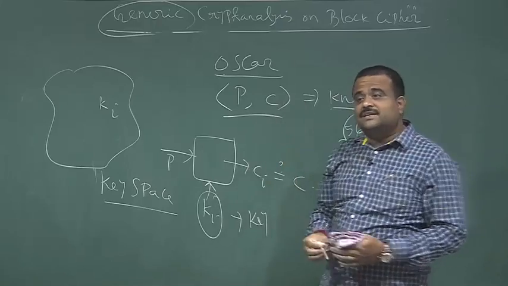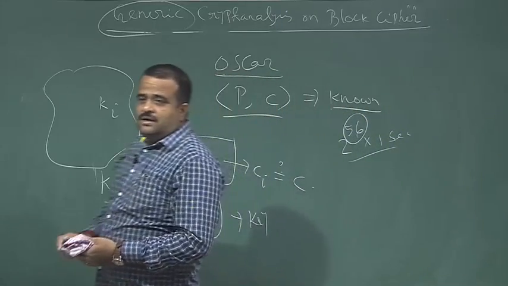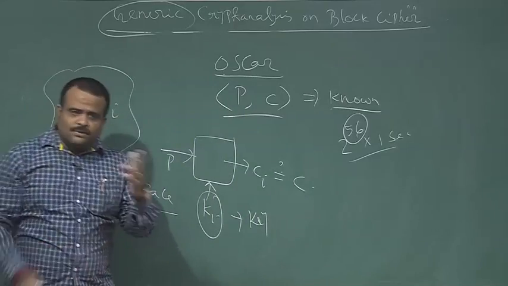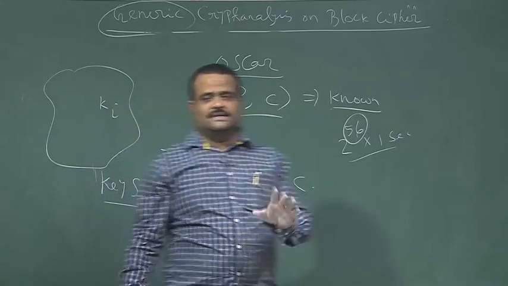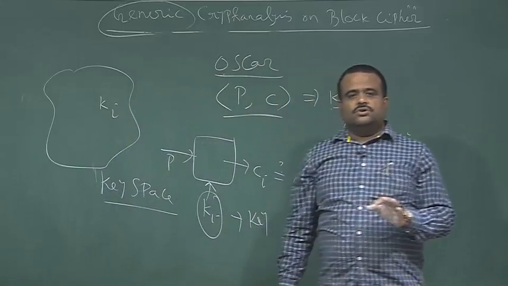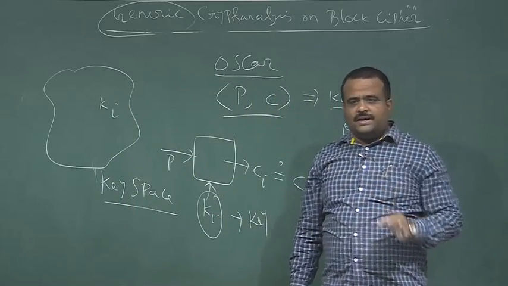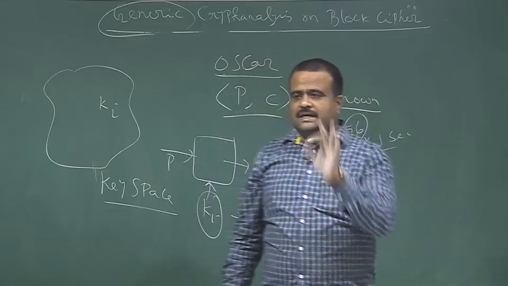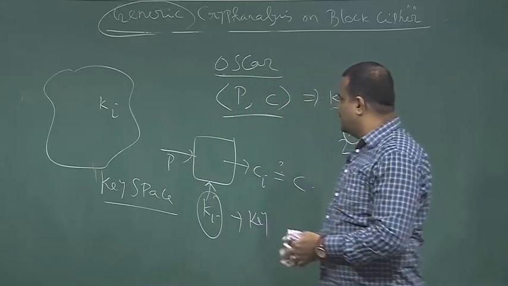In that sense it is a generic attack. That means, this attack idea can be mounted for any block cipher which has the same key size. So, we are not looking into the inside design of this cipher, we are just looking into the key size.